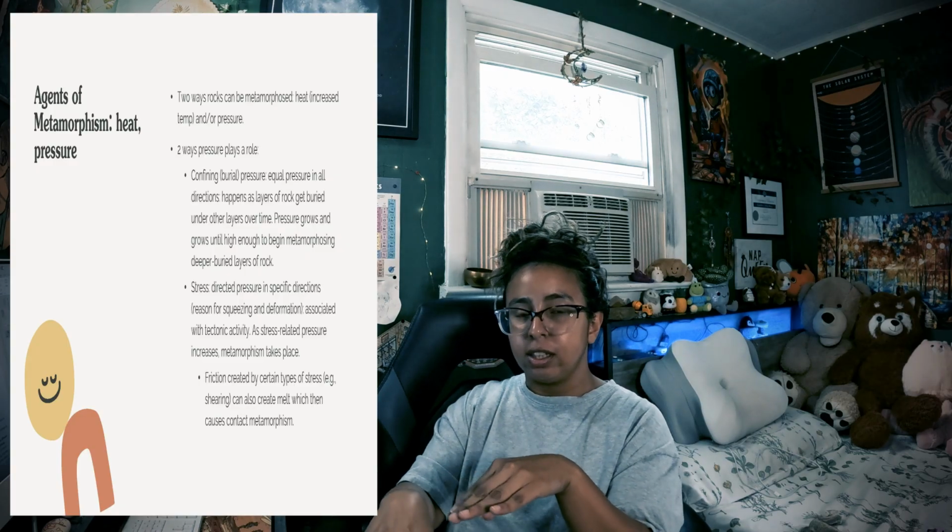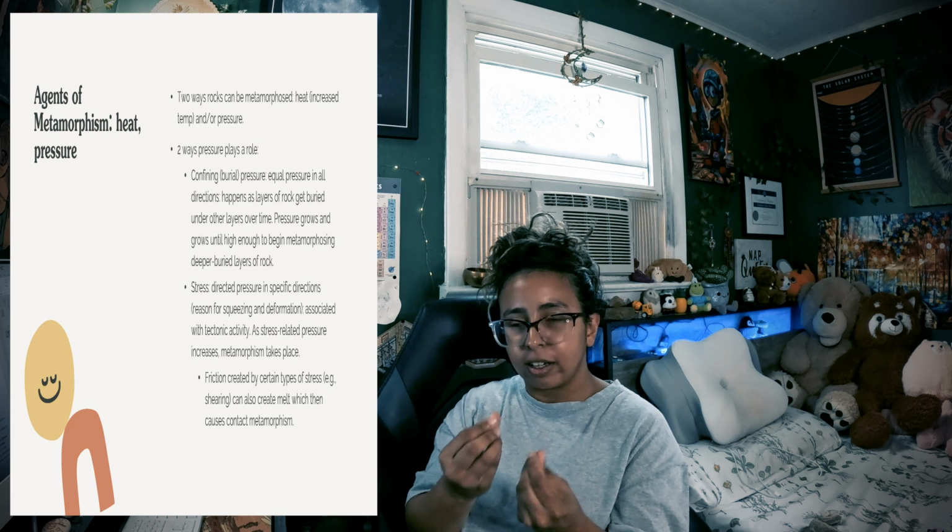And what I mean by shearing is basically, because there are different types of stress that can happen, if two plates come together, but instead of crumpling together to form mountains, they just do this motion where they're sliding past each other, that causes friction, obviously, as they're bumping and grinding against each other.